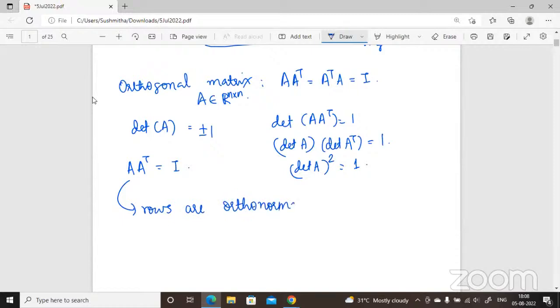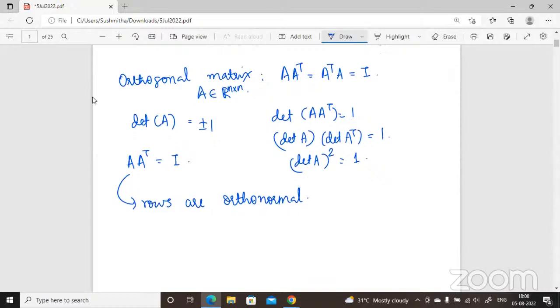They should all be unit vectors, and they should be orthogonal to each other. And A transpose A is identity means that the columns are orthonormal.